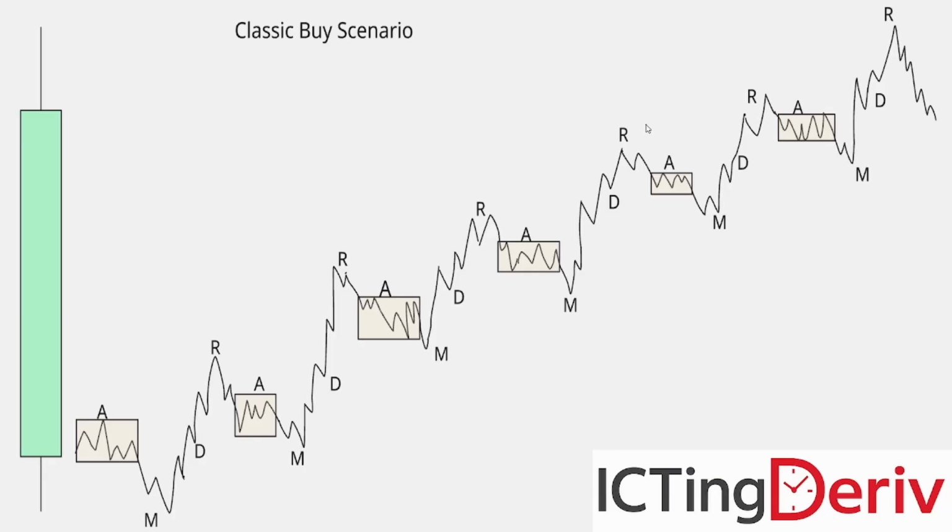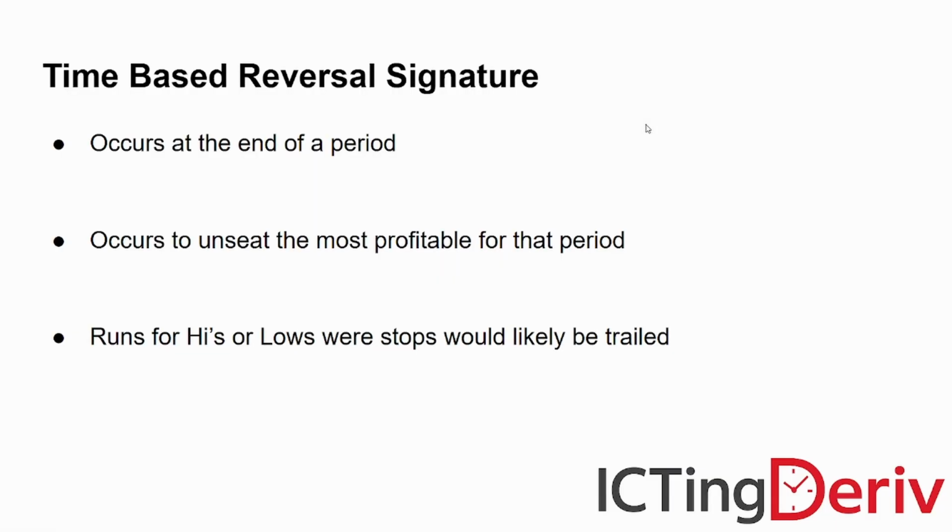So it occurs at the end of a period and occurs to unseat the most profitable for that period, right? And this is usually where stops will be trailed, and it will run for highs and lows where stops will likely be trailed.